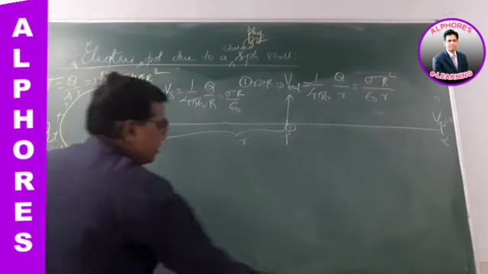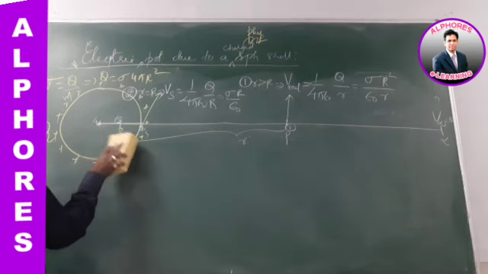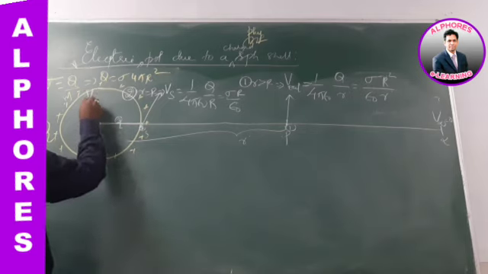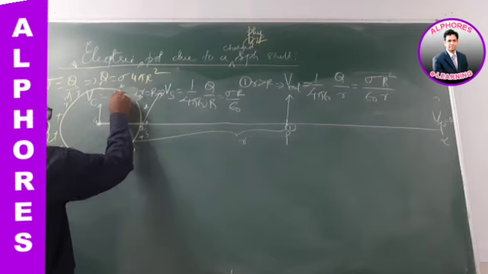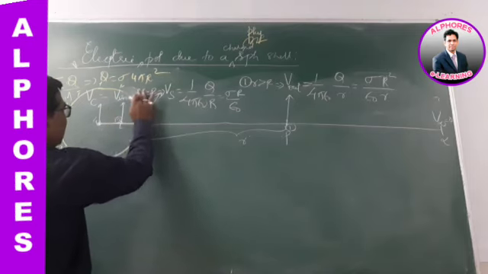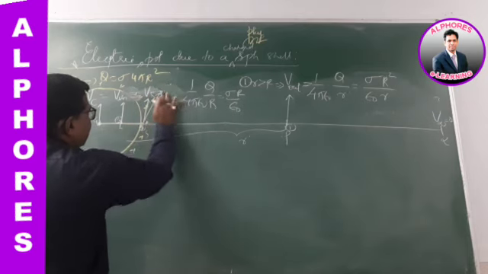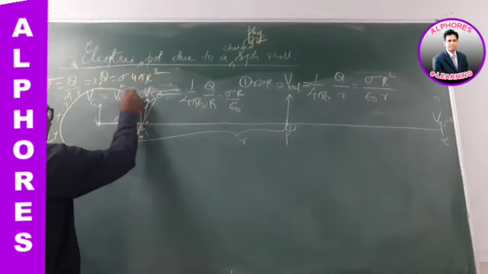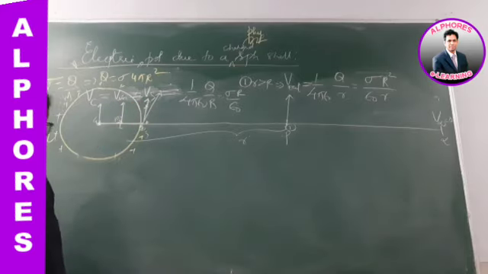So, putting all the things in one diagram, the potential at the center, point 4, or at the inside point 3 is equal to the potential on the surface, and that is equal to 1 by 4 pi epsilon naught Q by capital R. At the center, inside point, or surface point, the potential is the same.